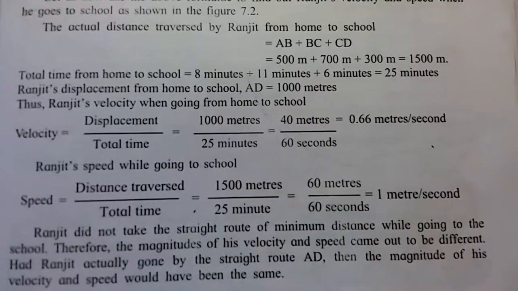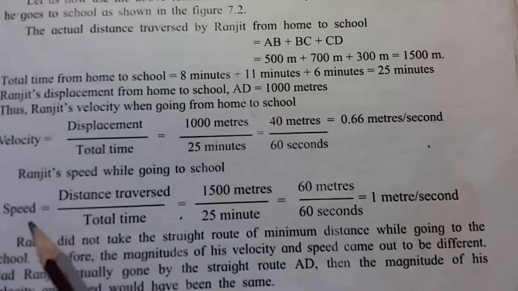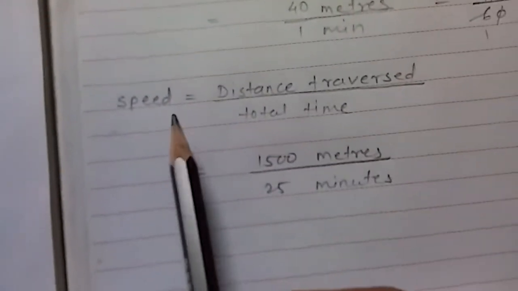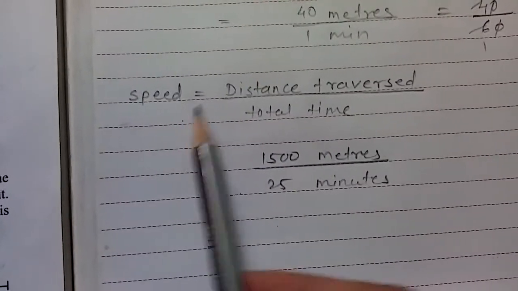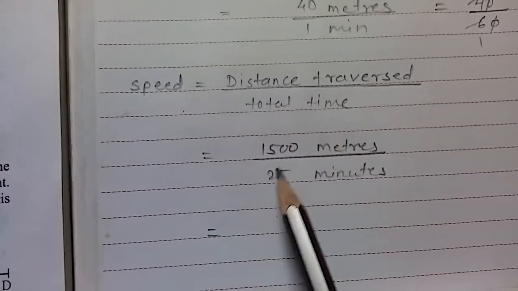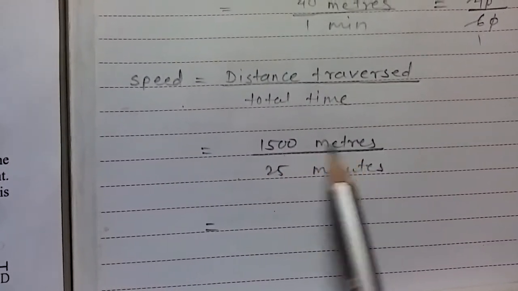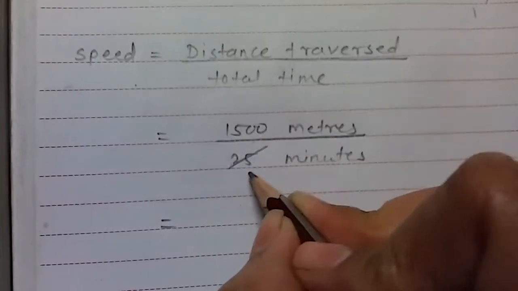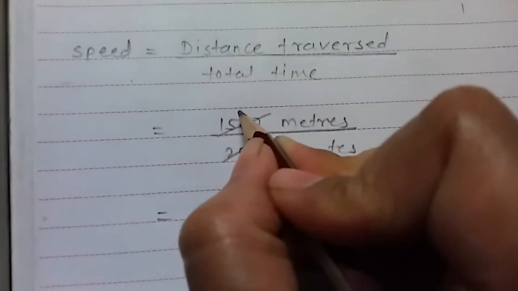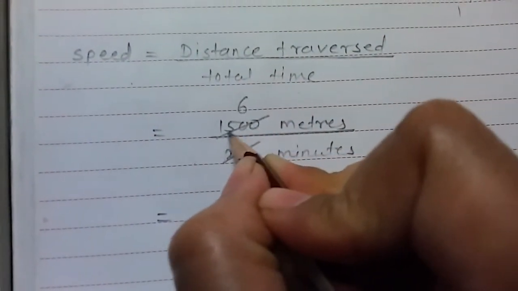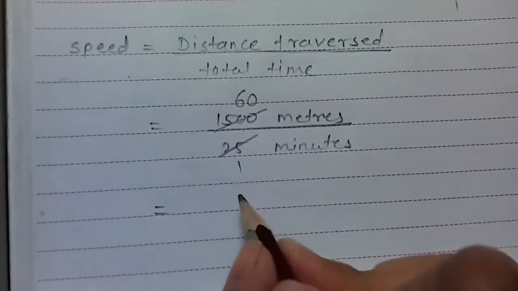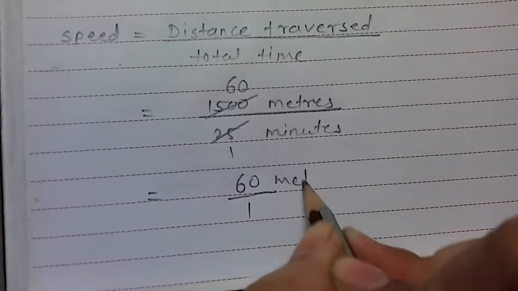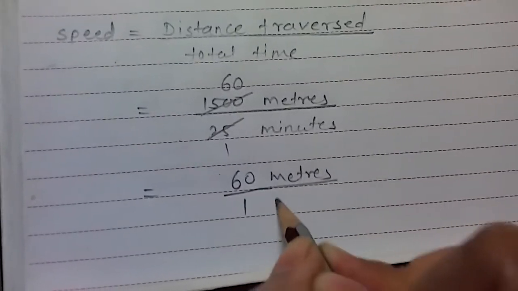And now next you have to find the speed. What is the formula of speed? Distance traveled divided by total time. I am just writing the formula here. Speed is equal to distance traveled divided by total time. Distance traveled is 1500 meters and total time is 25 minutes. Now see here, 25 ones are 25, 25 sixes are 150 and 0 as it is, means 60 upon 1, but 60 is meters and 1 is minute.